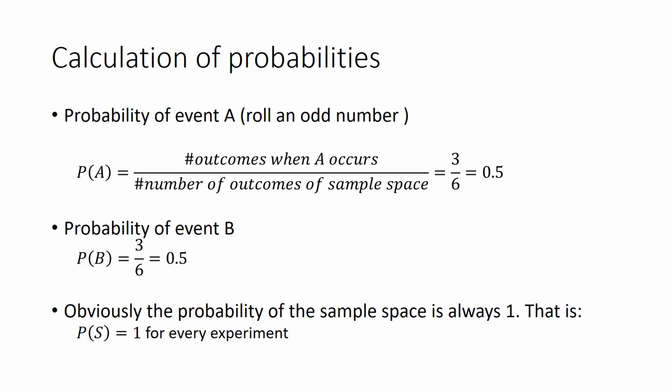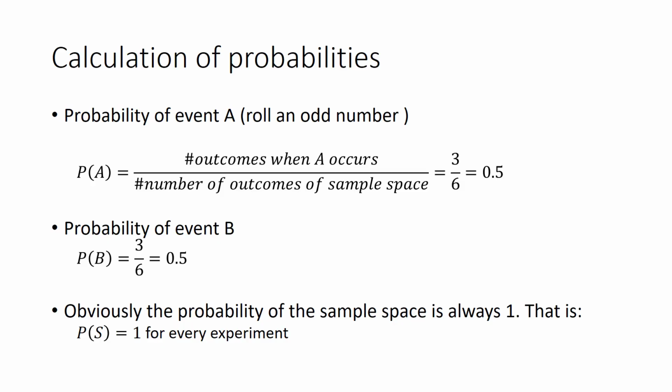Now back to the rolling the die experiment. The probability of event A, and event A was rolling an odd number, can be calculated as the fraction of the outcomes that make A occur, over the number of outcomes that we have in the sample space.